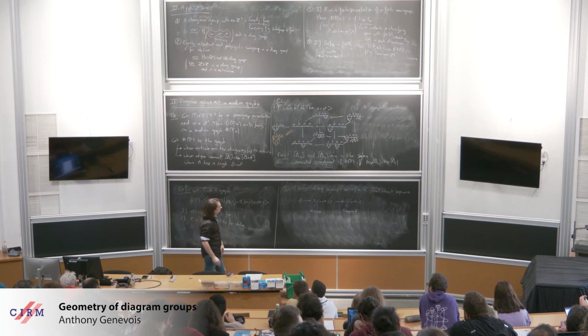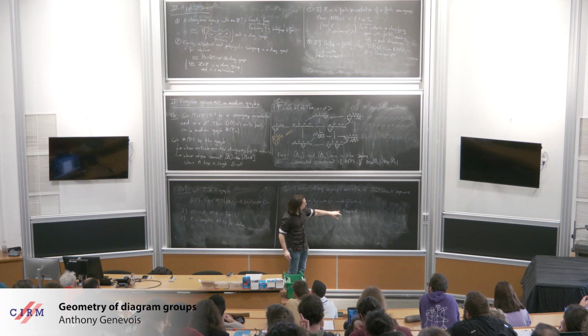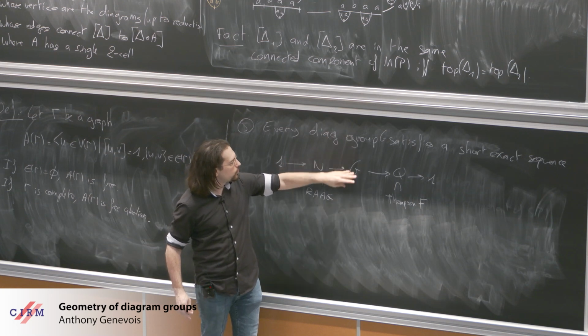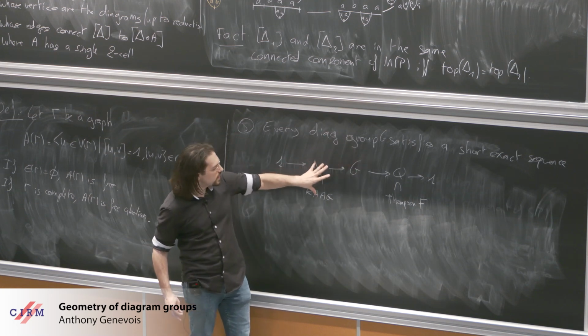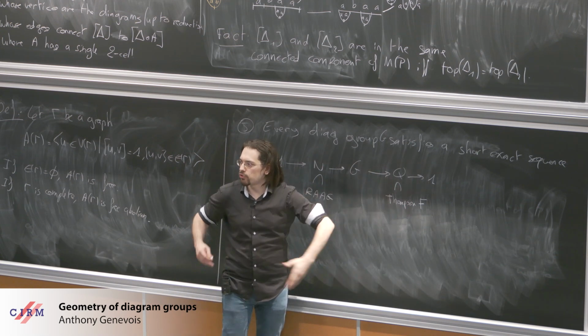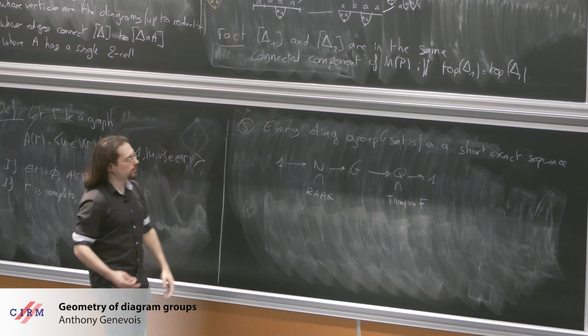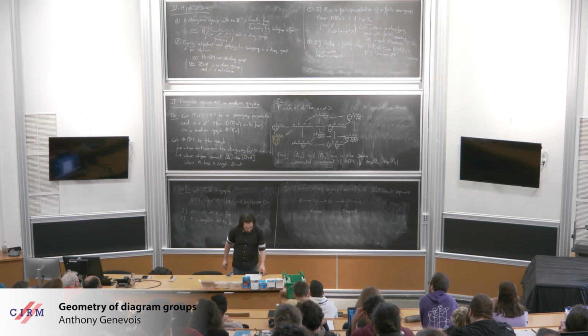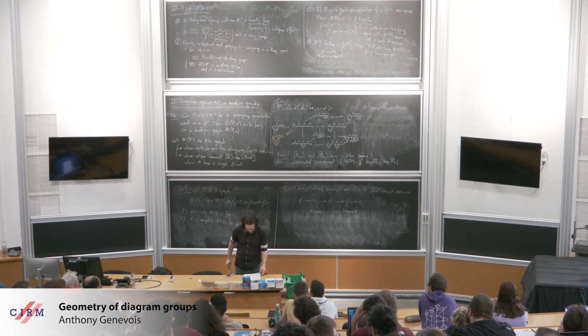Something interesting is that it allows you to construct subgroups of F, because if you have some diagram group and you are able to show that this kernel must be trivial, then you have an embedding inside F, and you can construct some non-trivial subgroups of F by using this short exact sequence. So this is a rather nice statement anyway.